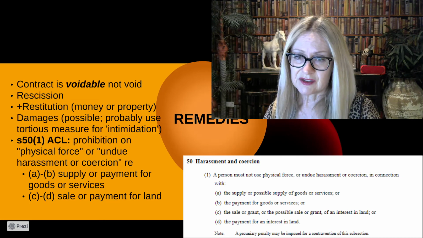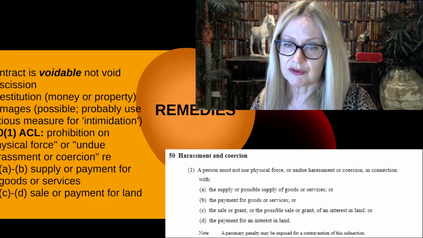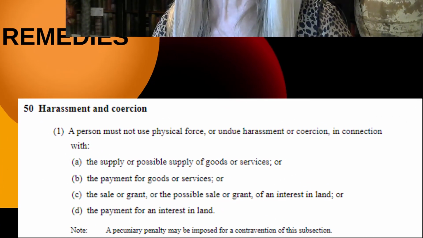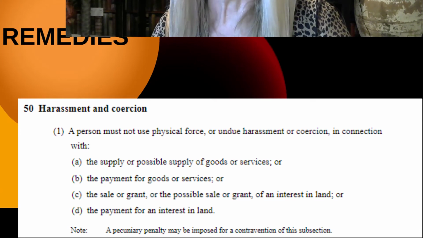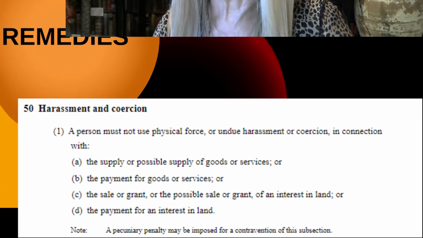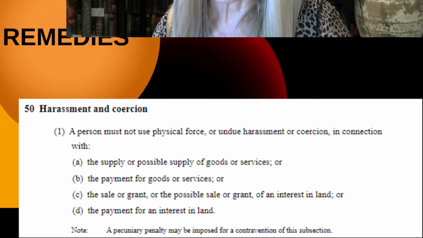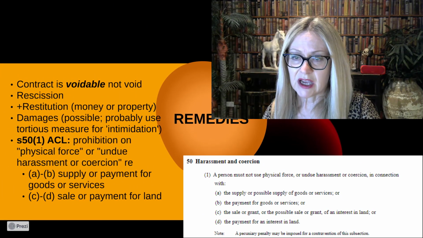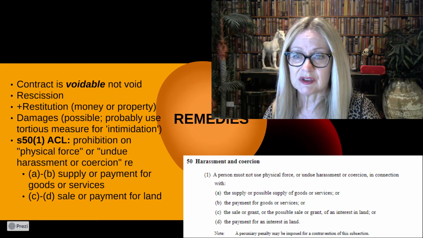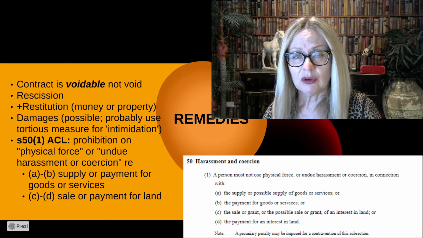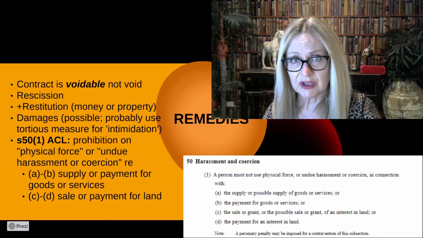And you can see there, I've just lifted that out of the legislation. A person must not use physical force or undue harassment or coercion in connection with supply of goods or services, payment for goods or services, sale and purchase of land, or payment for an interest in land, very squarely targeted at consumers there. I'll leave you to read it on further in the text regarding that one.